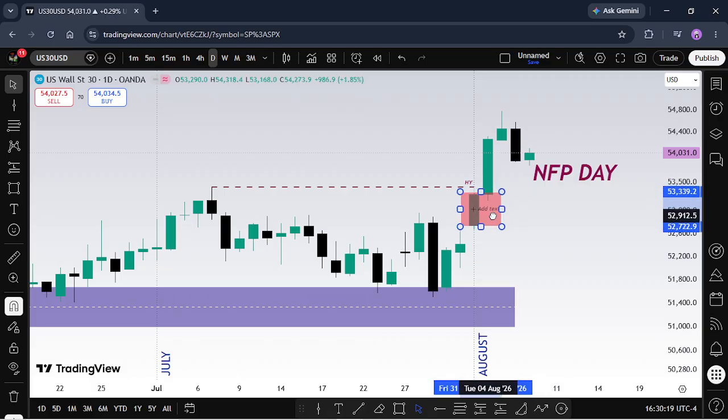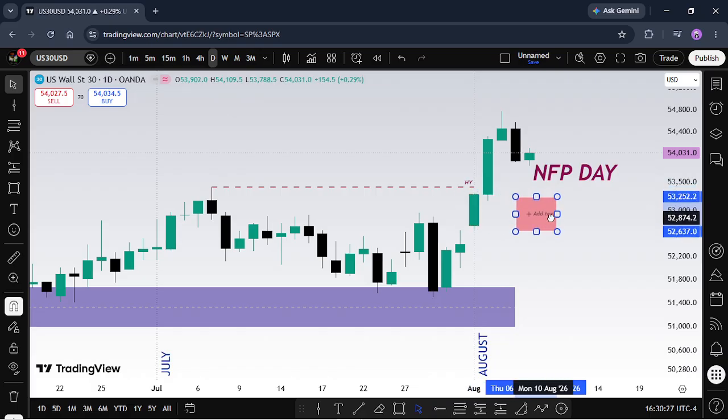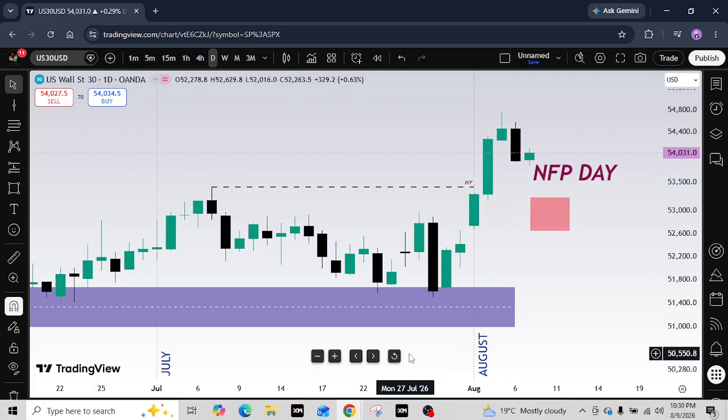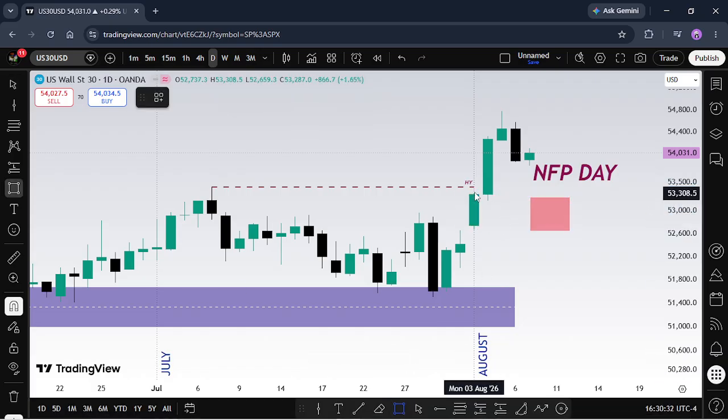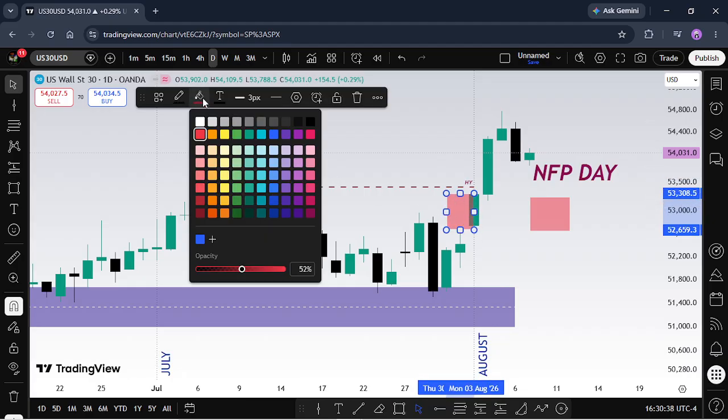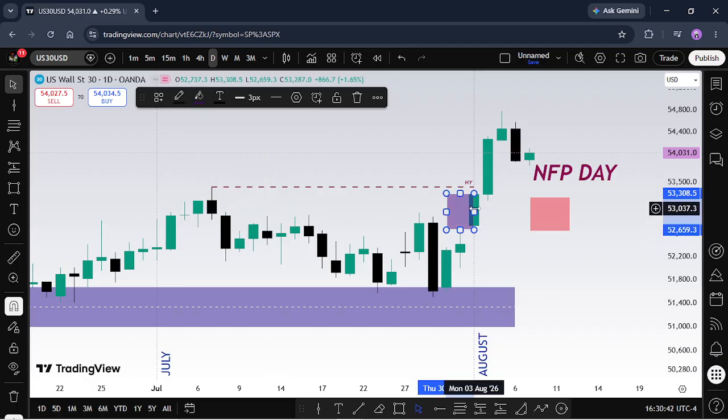Okay, you know what I'm gonna do? I'm gonna move it to the side. I'm gonna take another rectangle, measure that, and make it purple, just so we can see.